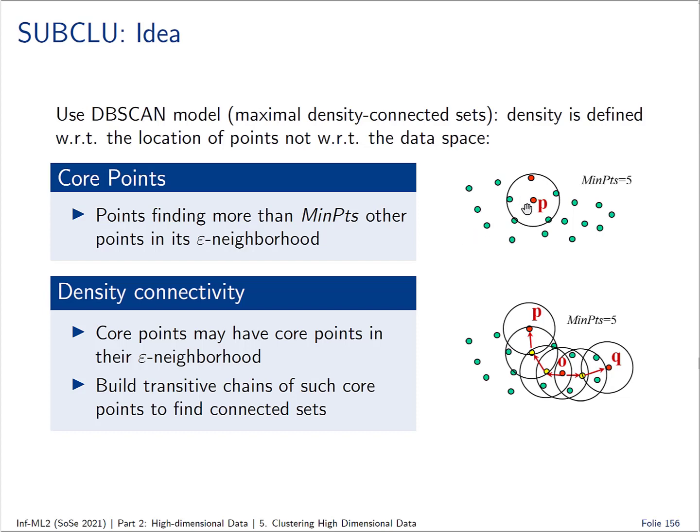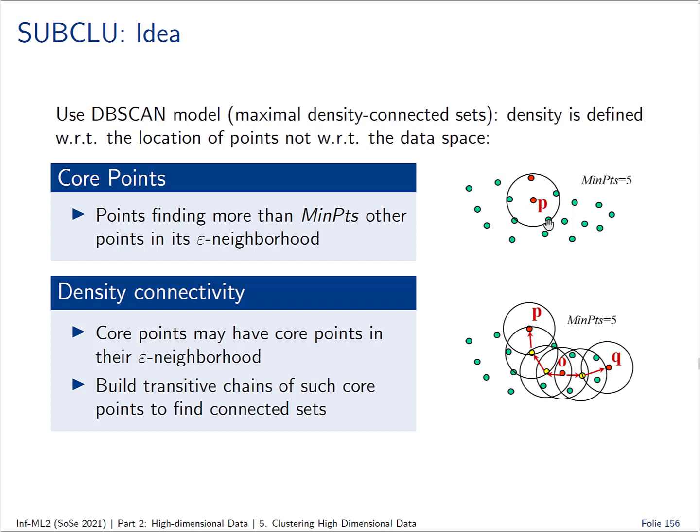If we have core points, then we know that this point should be in the middle of a cluster, and all the points in the same volume around this point with radius epsilon should be in the same cluster, right? So we know already this sphere here, if it's a Euclidean distance, then the epsilon neighborhood, of course, is a sphere. We know that all points in this sphere here are in a dense area, so they are in a cluster.